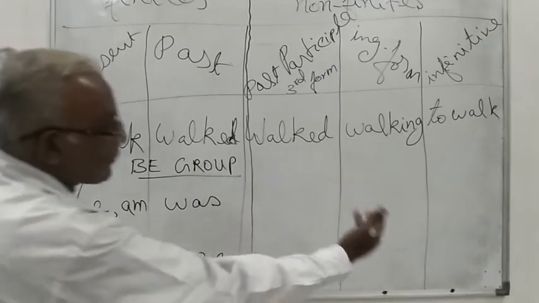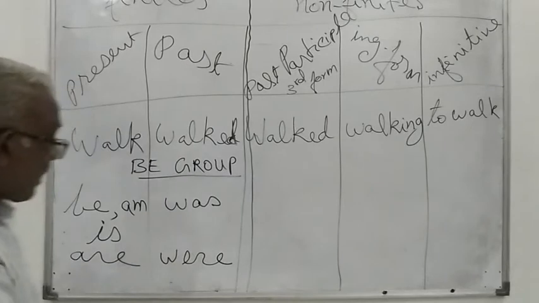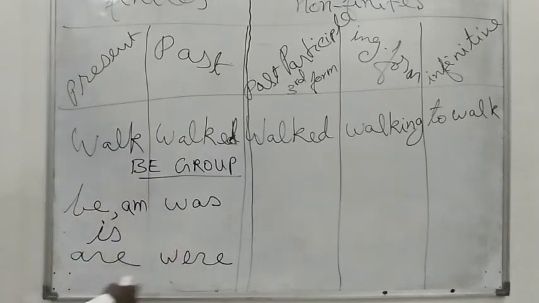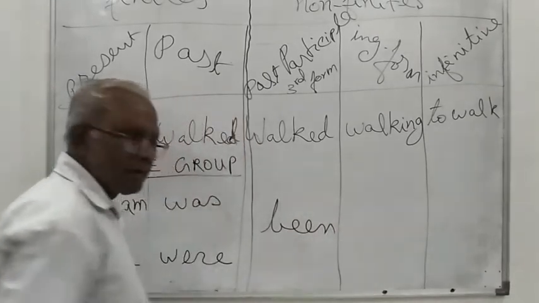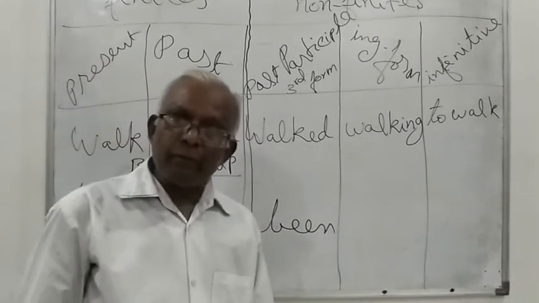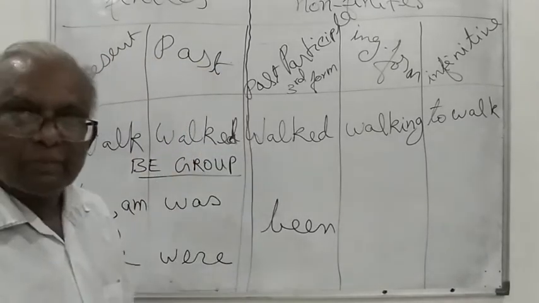Now we come to the other side. The past participle of any of these words is been. So been is past participle for any B group verb.